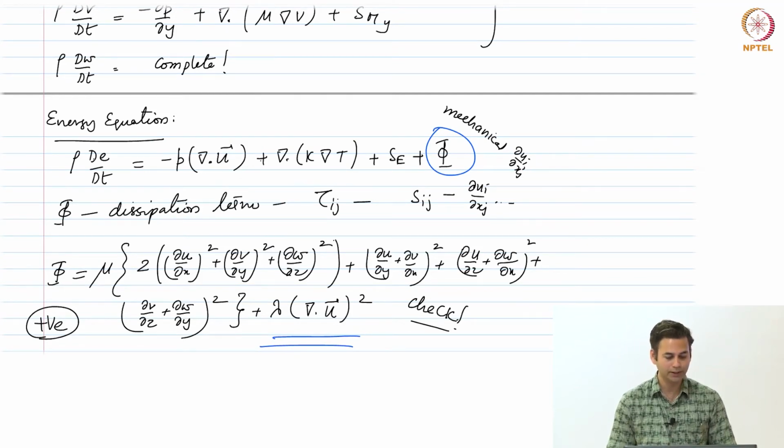So, now we have looked at the complete set of Navier Stokes equations including the energy equation by introducing the model for the shear stresses, okay. So, what we are going to do next is list down all the equations one by one and then see if we can come up with a common equation that can represent all these equations, right.